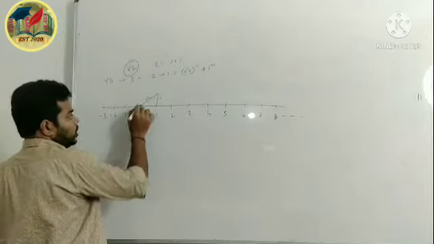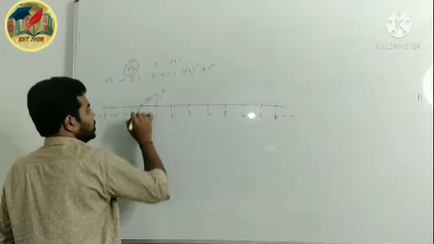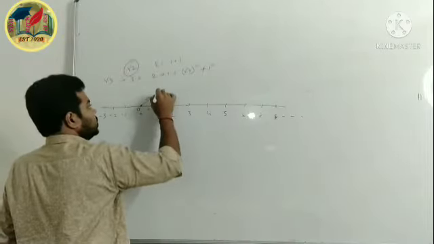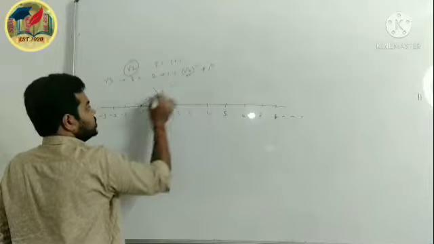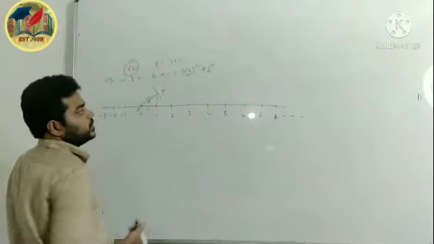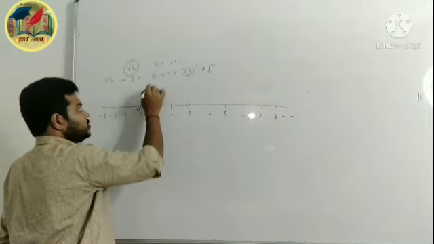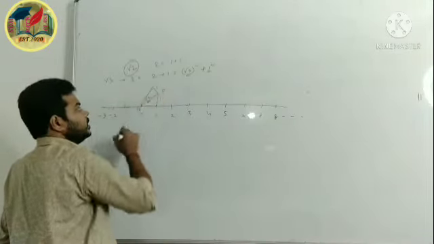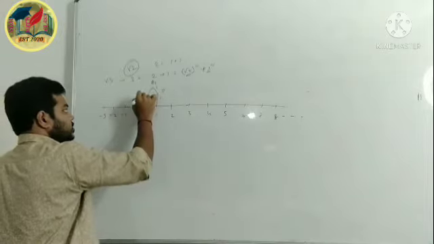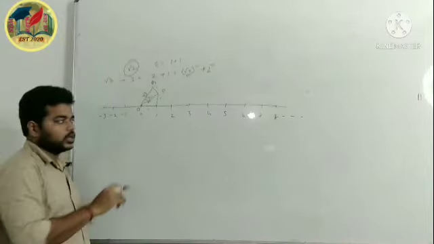Now we draw a perpendicular on this line, that is OP. This is the base, root 2, and we draw a perpendicular whose length is 1. If we join this and this, OQ, then this line is root 3.